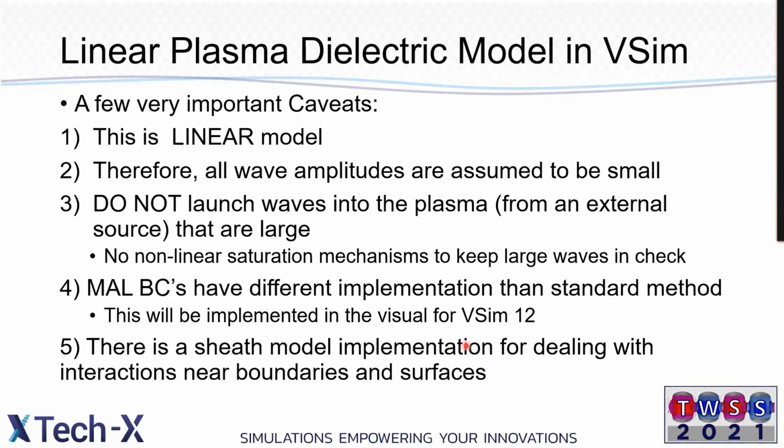The reason is because there are no nonlinear saturation mechanisms to keep the large waves in check. So any linear growth is unphysical. I mean, it happens for a short time period, but typically it saturates in some nonlinear mechanism. So linear growth cannot continue forever, and linear meaning exponential growth.